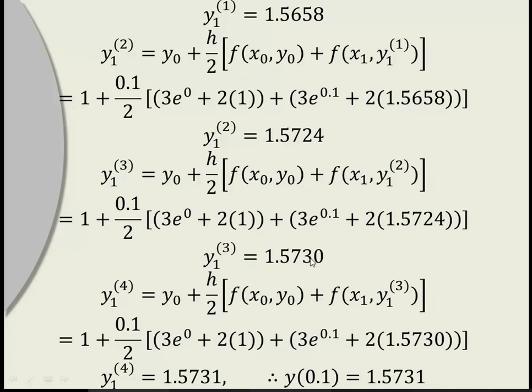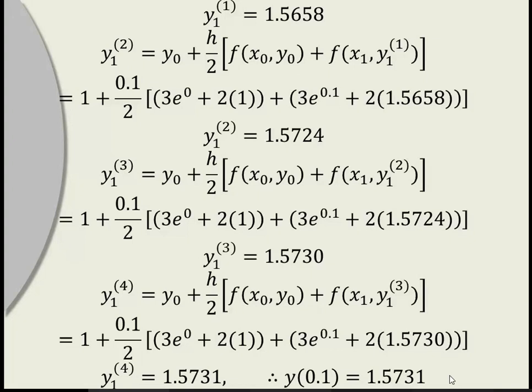So we can now take this value. If you want up to 4 decimals, you can take one more iteration. Here we are considering up to 3 decimal places. So the value of y at 0.1 is 1.5731.